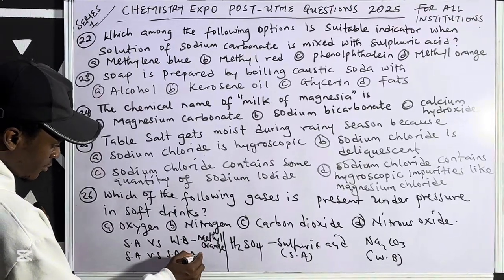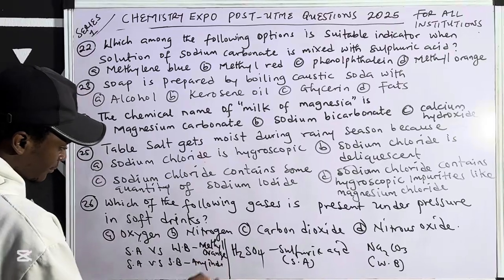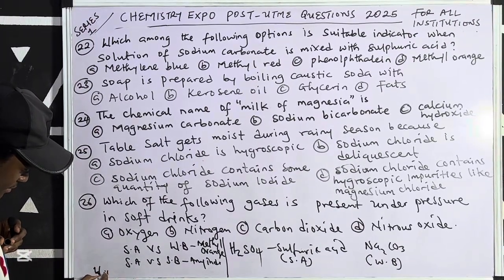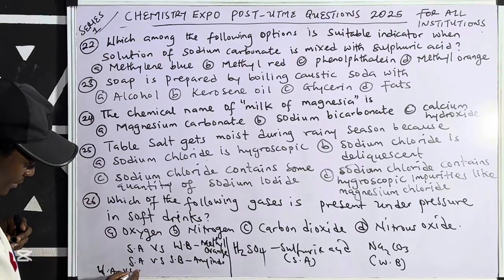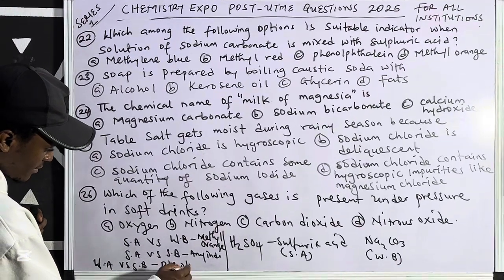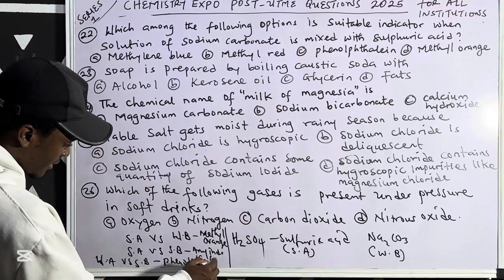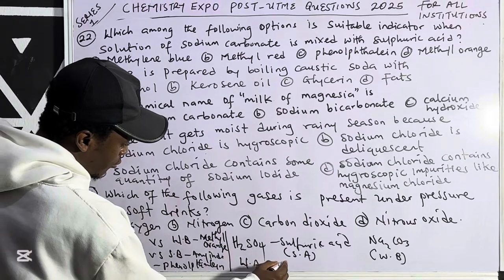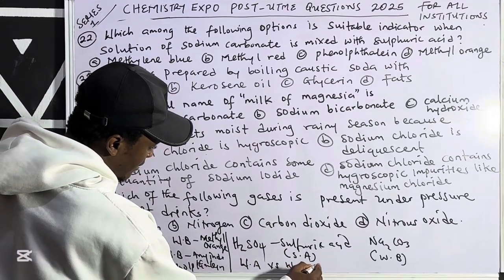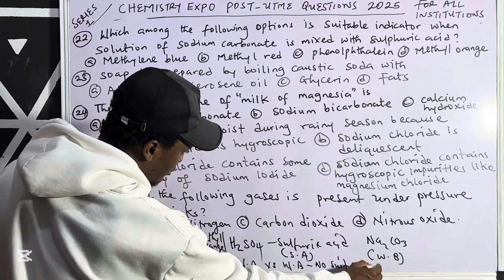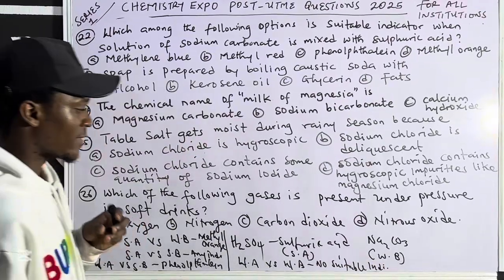Any indicator can be used. Then weak acid versus strong base, the best indicator is phenolphthalein. Take note of all these, very important. While weak acid versus weak base, there is no suitable indicator to be used. So take note of that.